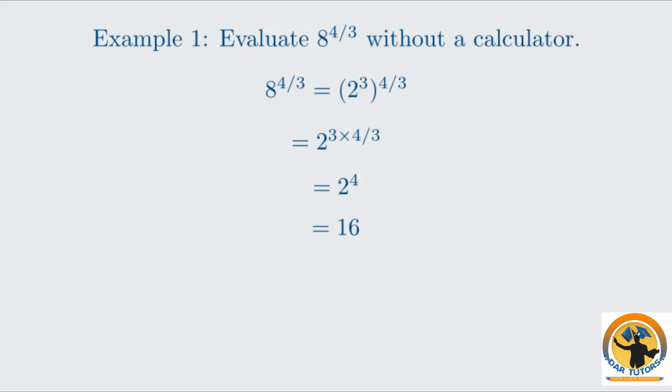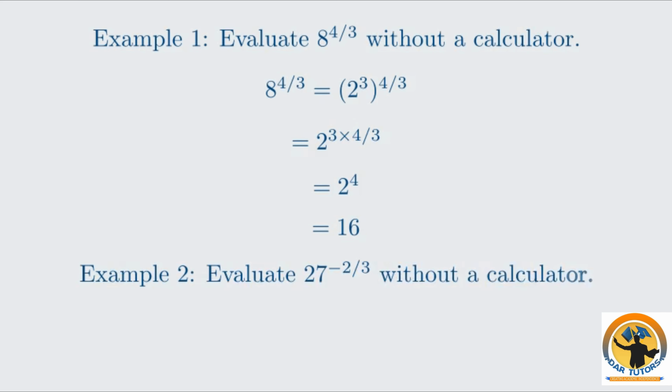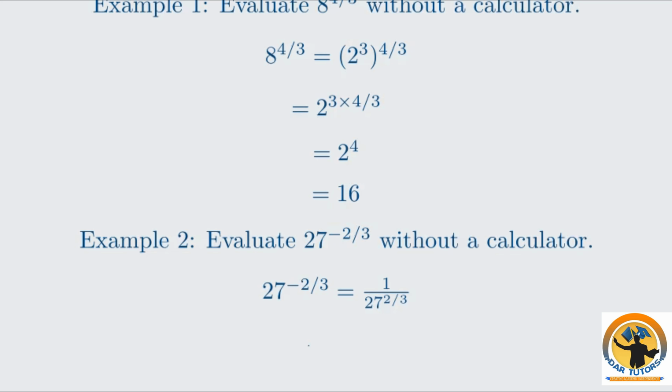Let's try another one, this time with a negative rational exponent. We need to evaluate 27 to the power of negative 2/3. First, let's deal with the negative exponent. This means we take the reciprocal. So 27 to the power of negative 2/3 is 1 over 27 to the power of positive 2/3. Now we focus on the denominator of the exponent, 3.